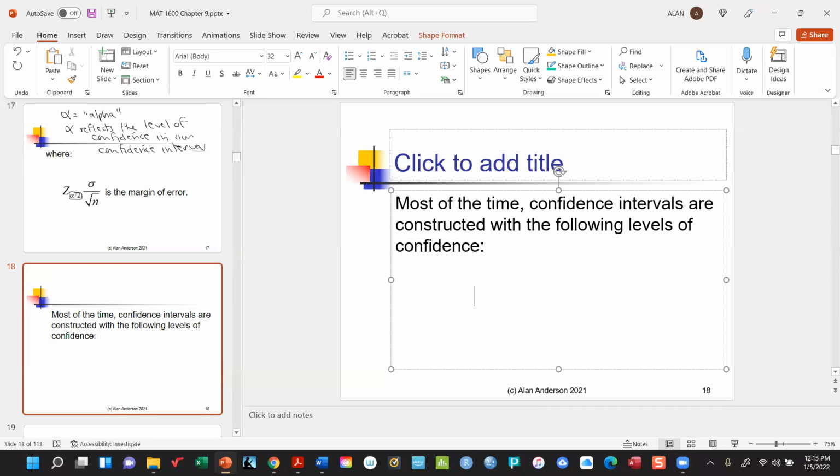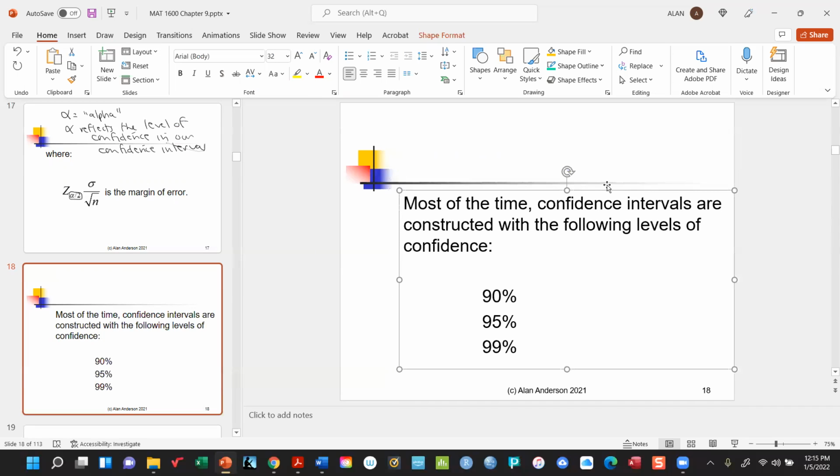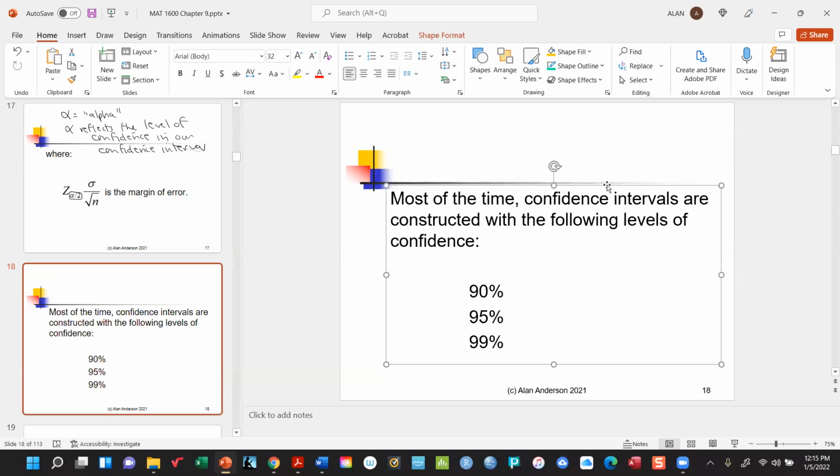So most of the time, we'll either use 90%, 95%, or 99%. It's not impossible to do any of the others. It's just that these are the ones that you see the most often. And usually in practice, the most popular one is 95. You see it everywhere. It just makes sense to people.